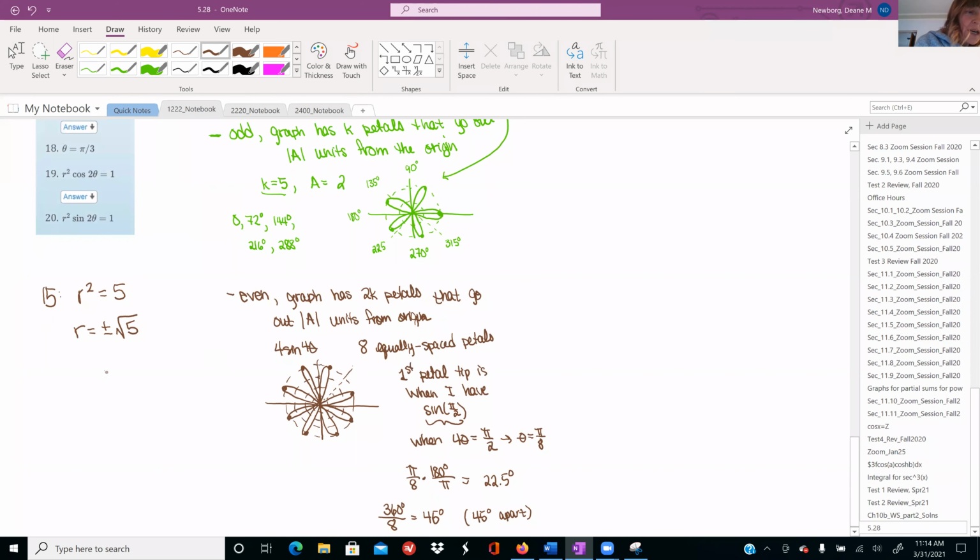Because remember, suppose I do r equals square root of 5, which is about 2.24. So if I have my circle of radius 1, my circle of radius 2, my circle of radius 3, I'd be about 1/4 of the way between 2 and 3.